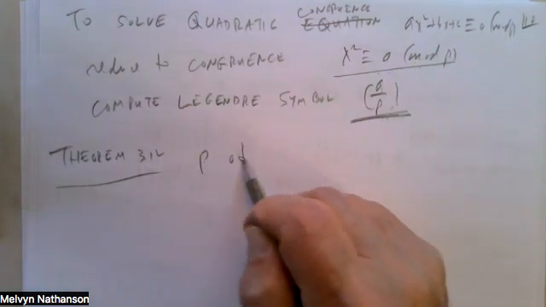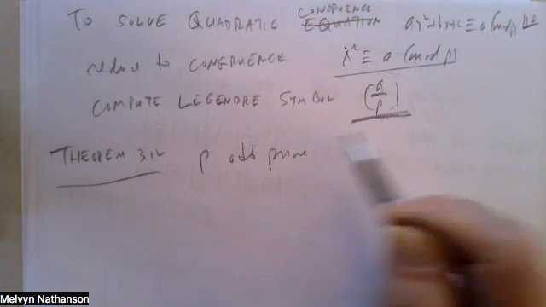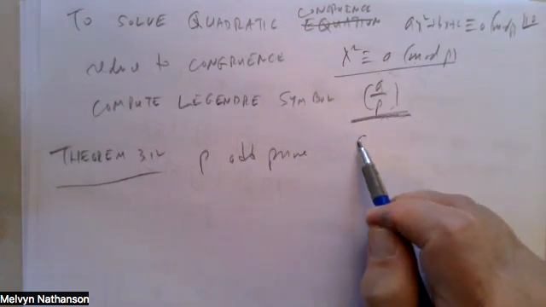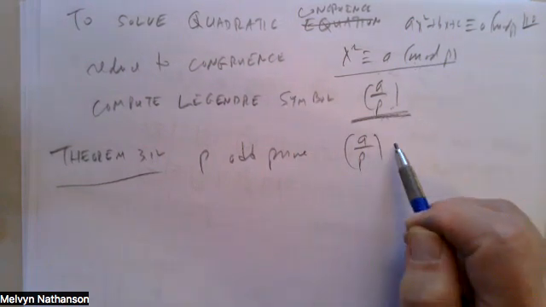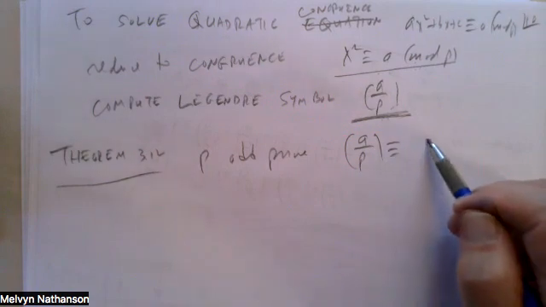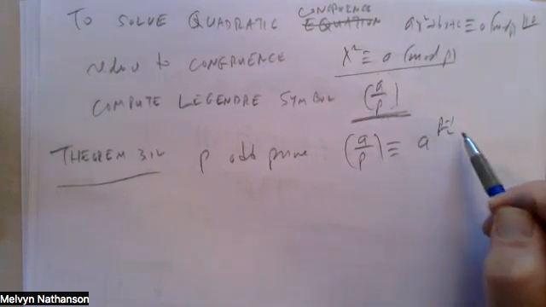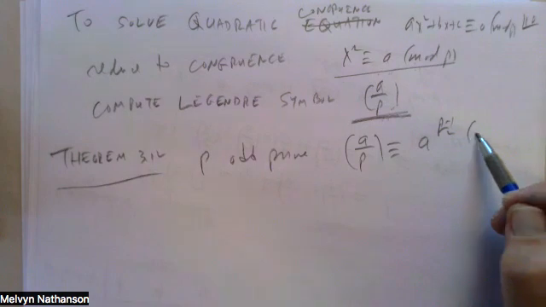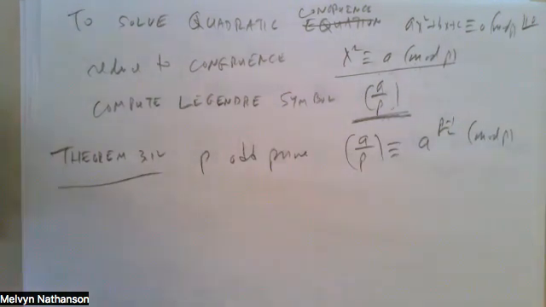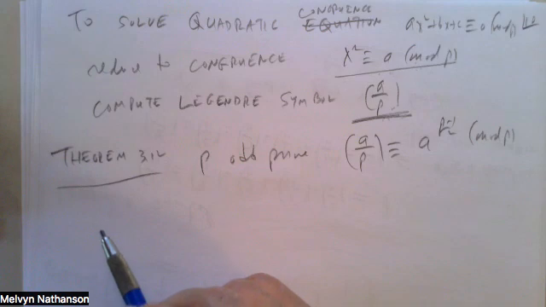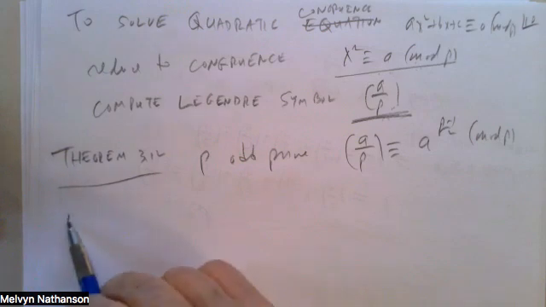For any odd prime P, the Legendre symbol A over P is always congruent to A to the P minus 1 over 2 mod P. So let me just look at an example of this.